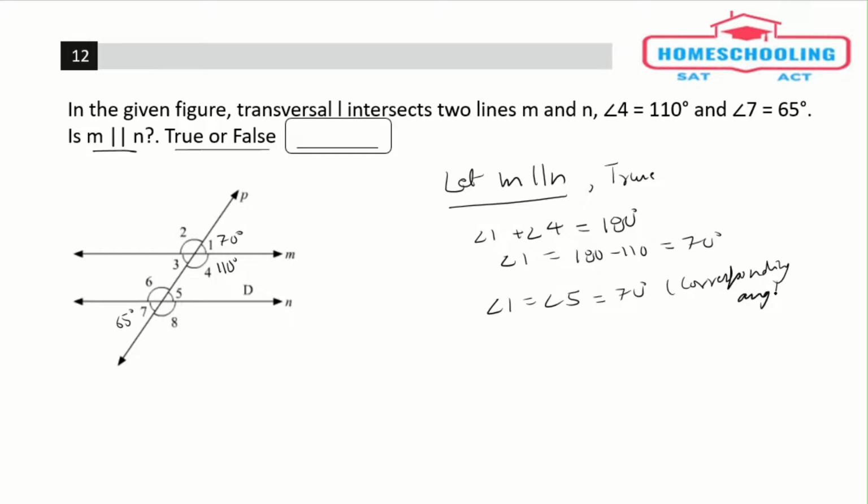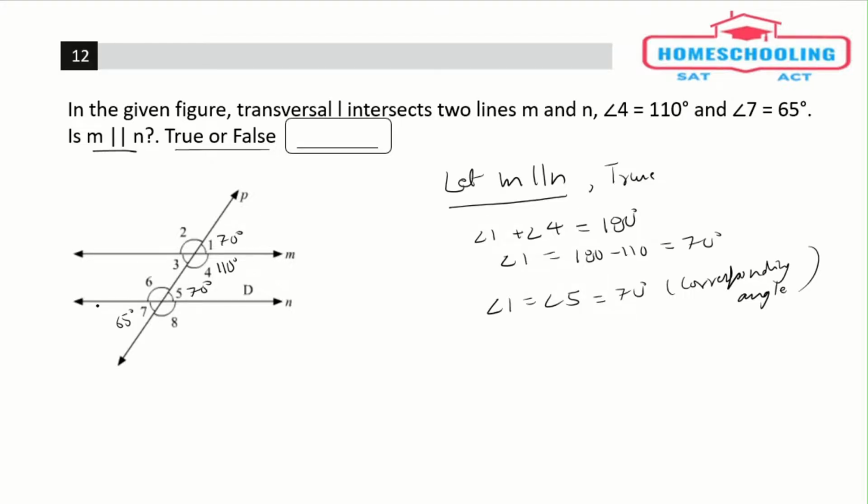So angle 1 and angle 5, and angle 5 should be equal, because if these two lines are parallel then these two angles should be equal, but they are not equal.